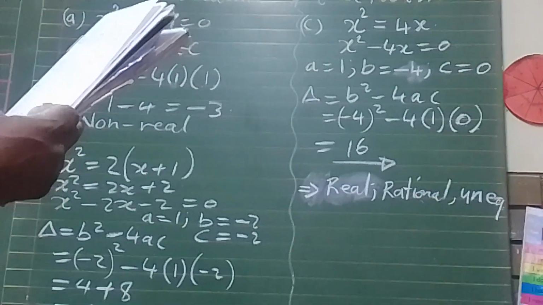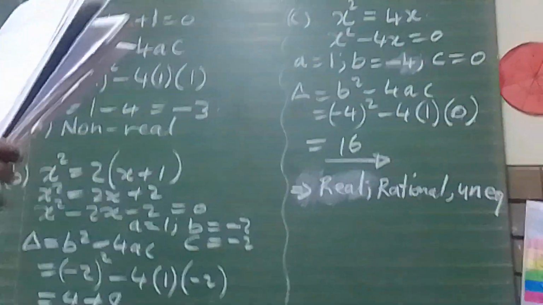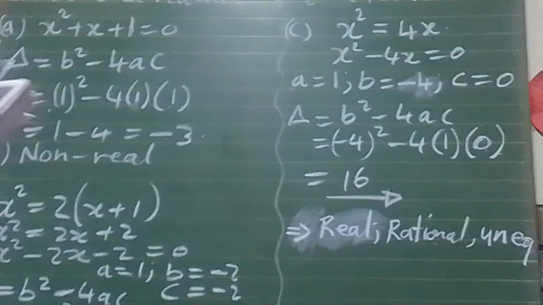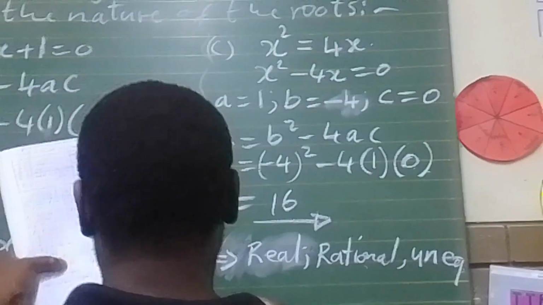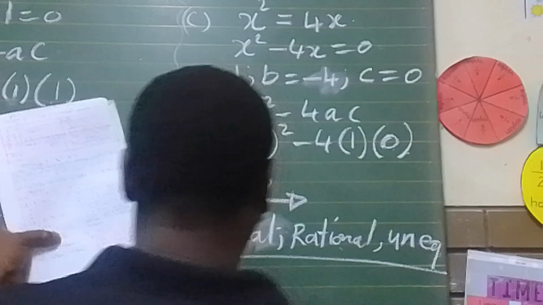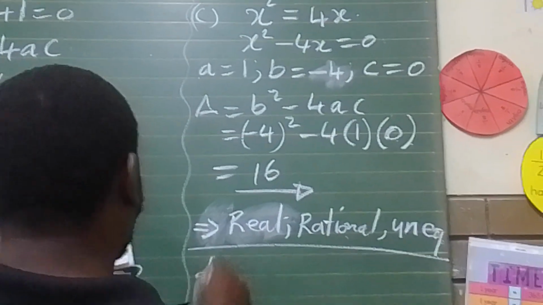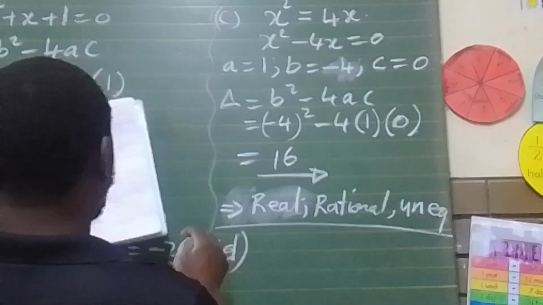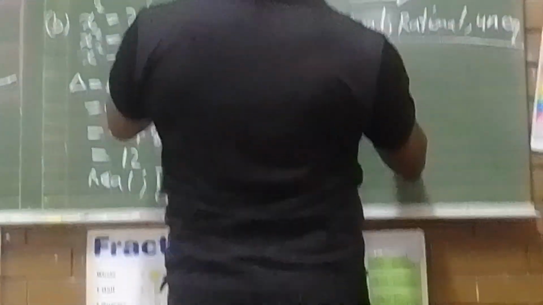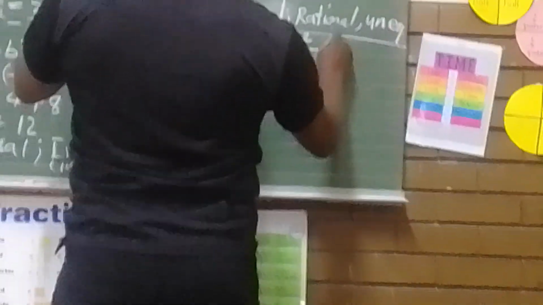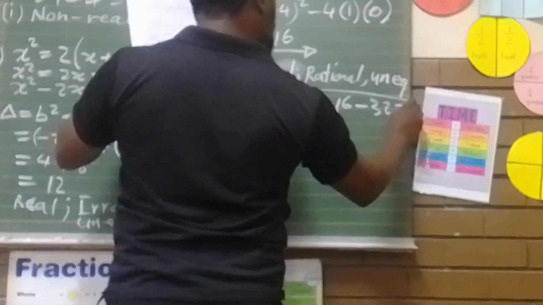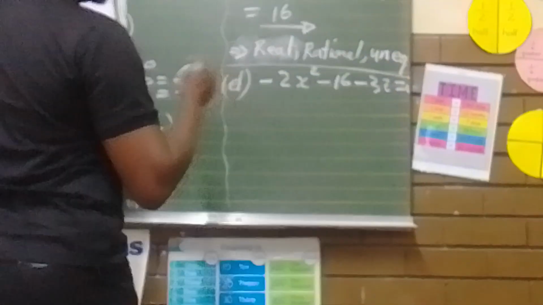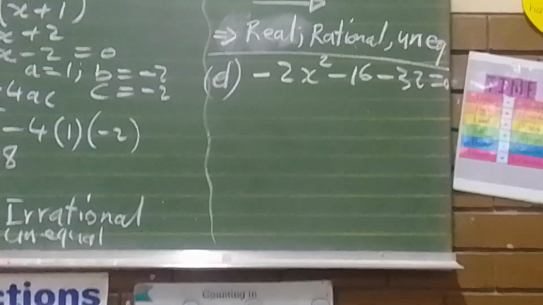Let's see if we are going to get the one that is going to give us justice. Let's take this one as example D. Minus 2x squared minus 16x minus 32 is equal to 0. We are running out of space.